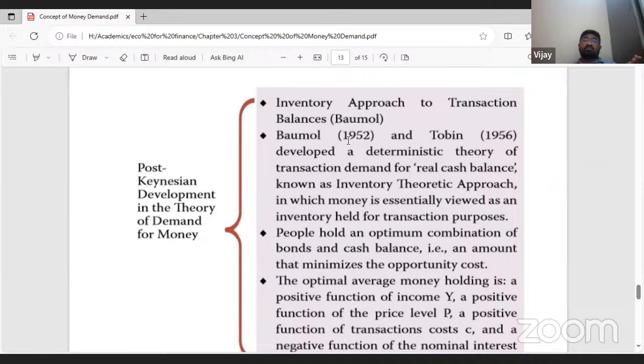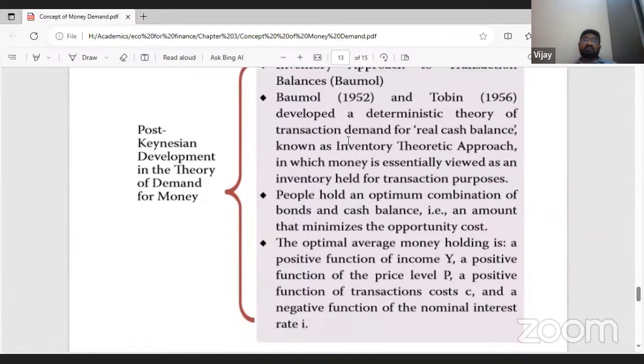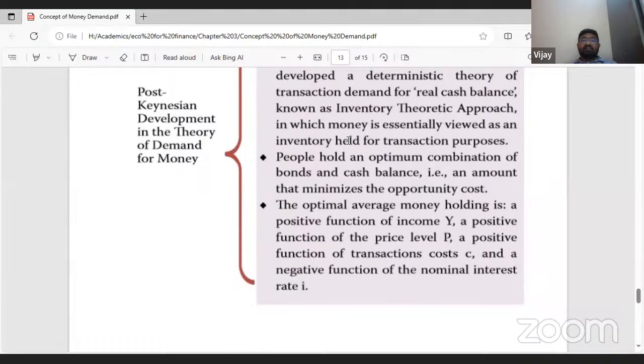If the transaction cost, the brokerage cost, increases, then the demand for money increases, because the conversion cost of converting the money into a bond is very high. Then in that case I will retain money rather than a bond. But that will also have a direct relationship, that is a positive relationship. Negative relationship means inverse relationship, positive relationship means direct relationship. Clarity is there?